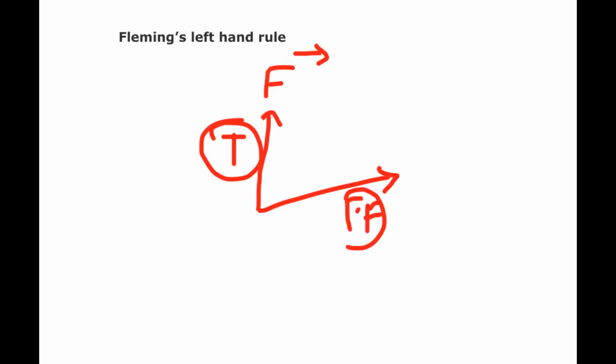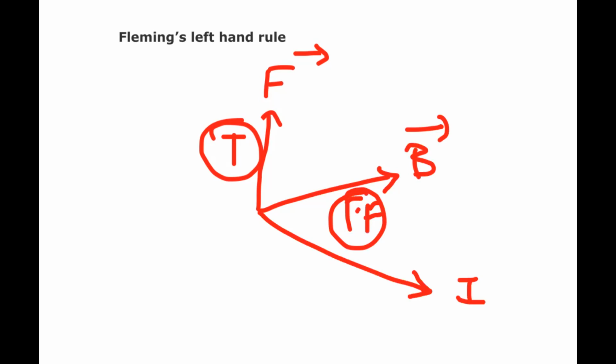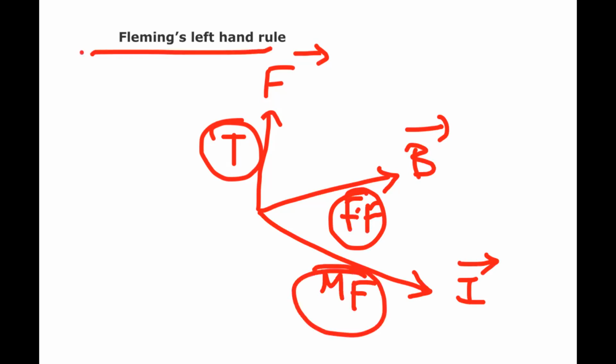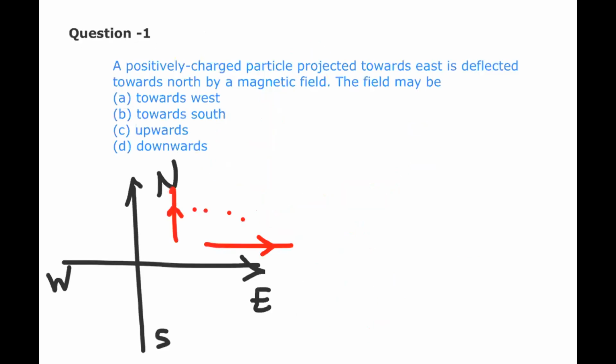The forefinger indicates the direction of the magnetic field, and the line perpendicular to that, the middle finger, indicates the direction of the current. So this is Fleming's left hand rule, and we will be applying it in this case.